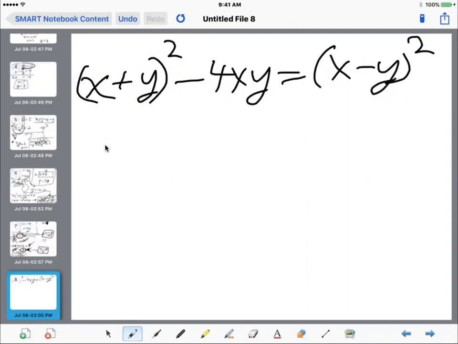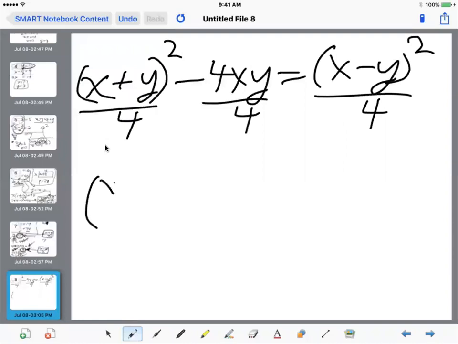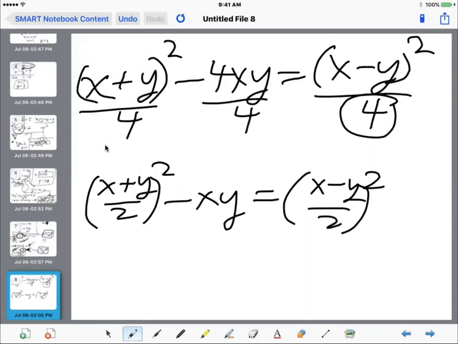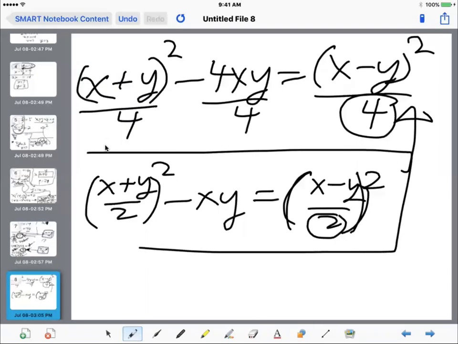Now, if you take this and divide everything by 4, it turns into the identity x plus y over 2 squared minus xy equals x minus y over 2 squared. Since this is over 4, if I put everything inside the parentheses and put a 2 there, it's equivalent. Well, that's an identity also. So if you have x plus y over 2 squared minus xy, that's exactly what happens in this algorithm.